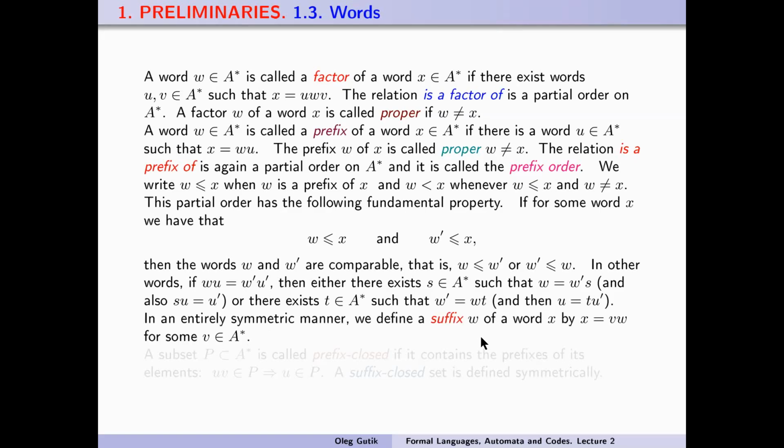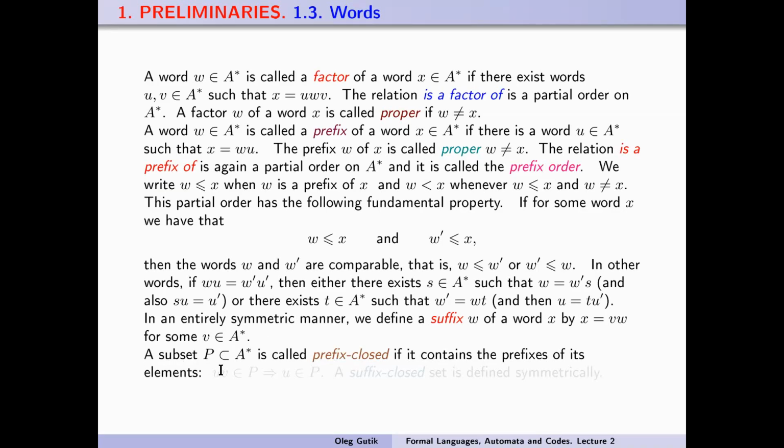In an entirely symmetric manner, we define a suffix w of the word x by the following: x = vw for some word v from the free monoid A*.